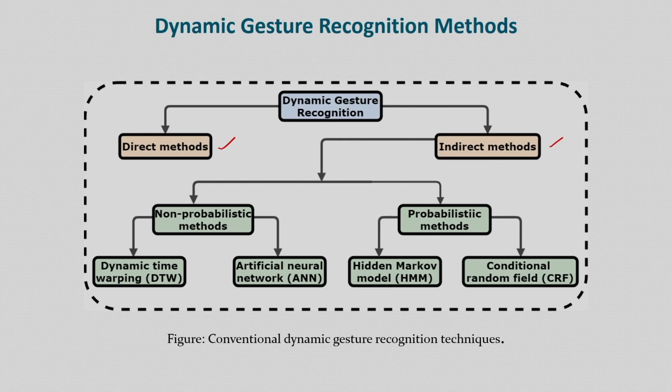So these are some examples of conventional dynamic gesture recognition techniques. In this class mainly I will discuss these two algorithms: one is DTW, dynamic time warping, and another is a brief introduction of hidden Markov model. So these two algorithms I will explain briefly.